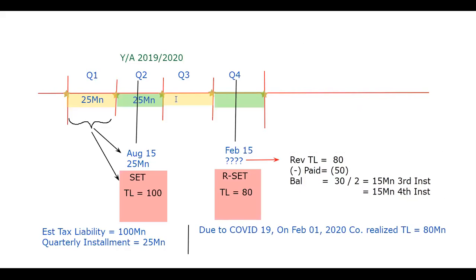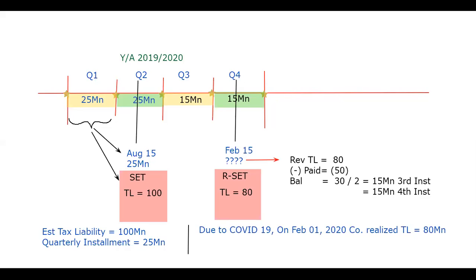This quarter you will pay 15 million, and this quarter also you need to pay 15 million, right? Then the revised SET also needs to be filed on or before February 15.